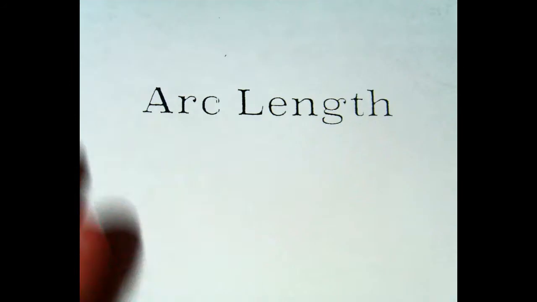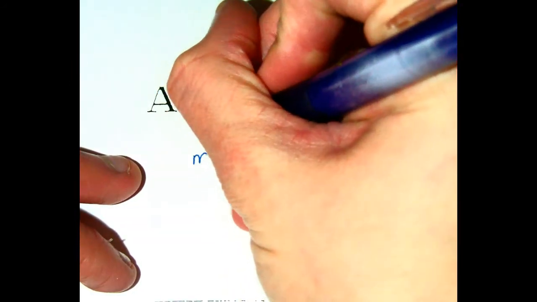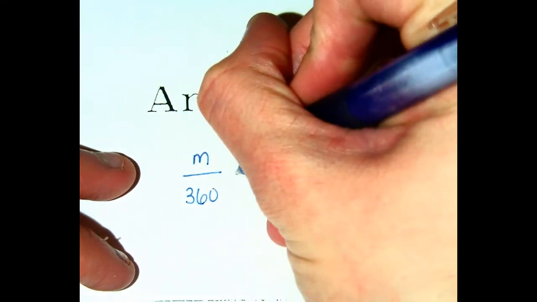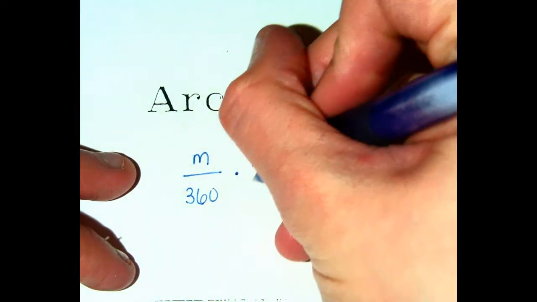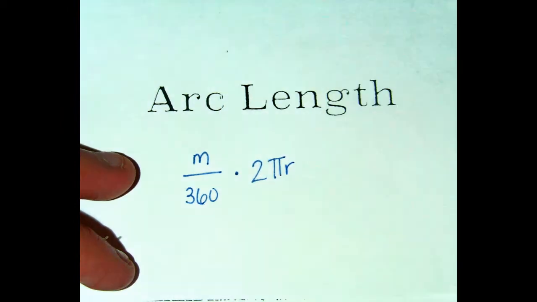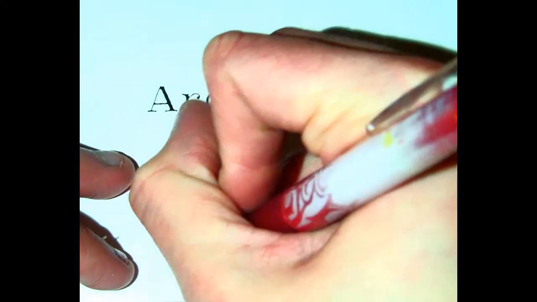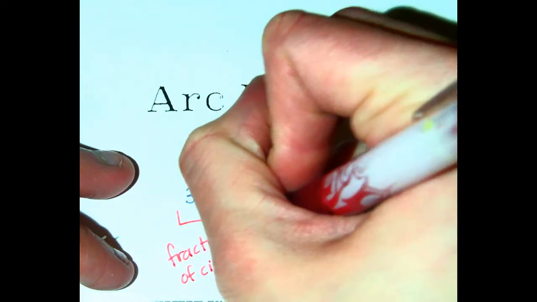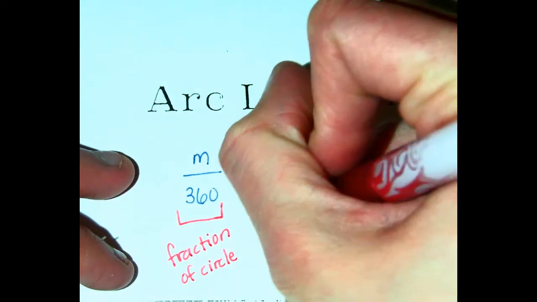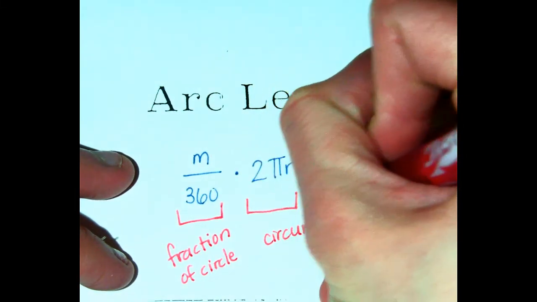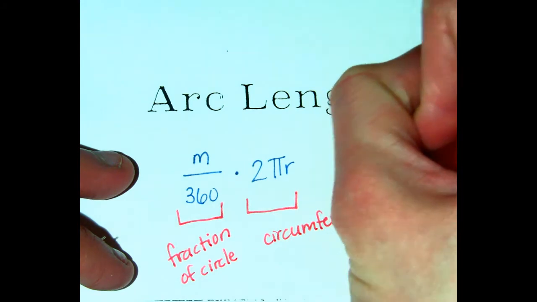So our formula is that the arc length is equal to the measure of the angle, M, over 360, times circumference. So, fraction of the circle times circumference. That's what the area was yesterday.